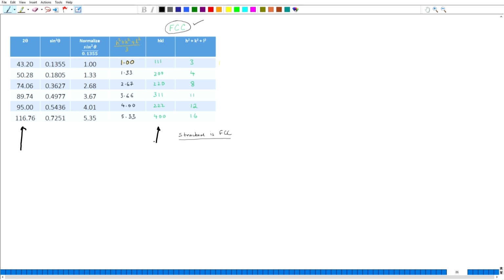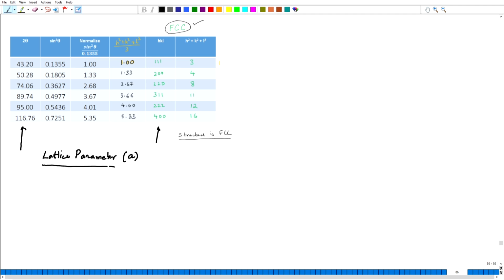Now, suppose we want to determine, using this data, the lattice parameter for this material. Since this is a cubic structure, there is only one lattice parameter, and essentially we will call that A, the edge length of the cube.